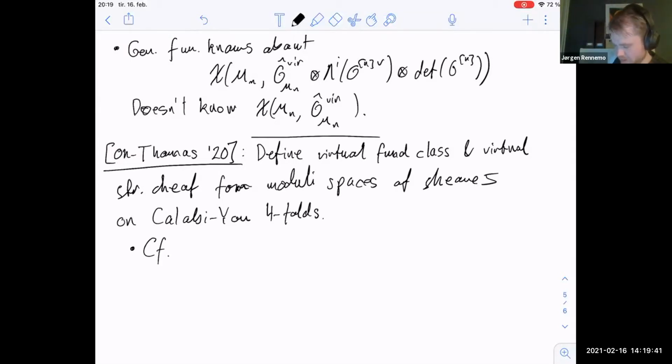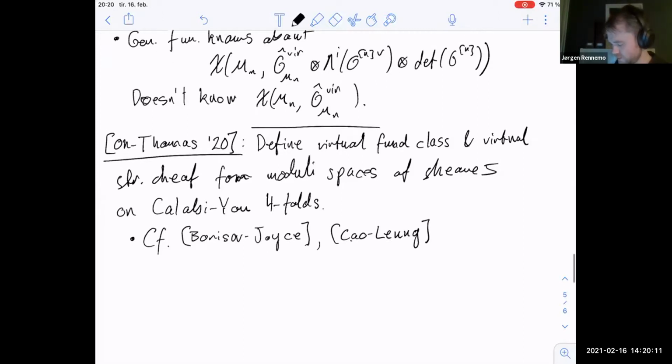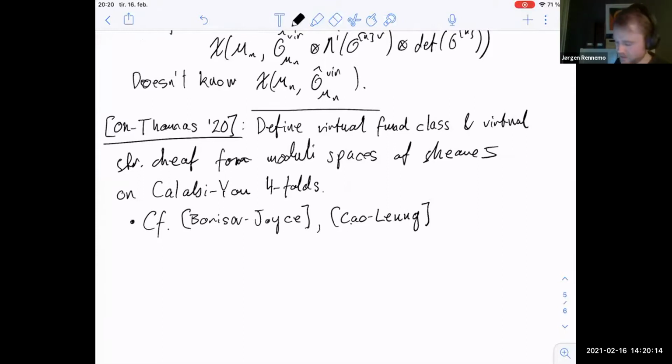At least at the level of defining the virtual fundamental class, there are previous constructions of virtual fundamental classes due to Borisov–Joyce and Cao–Leung using different techniques and with different amounts of generality. So this is sort of previous work.